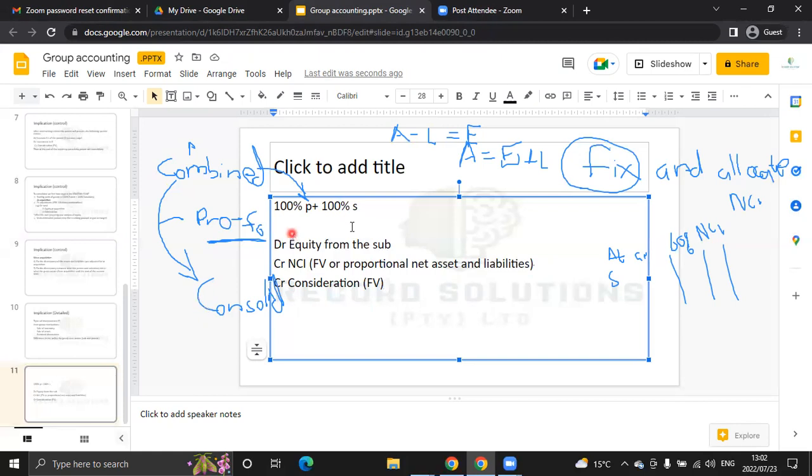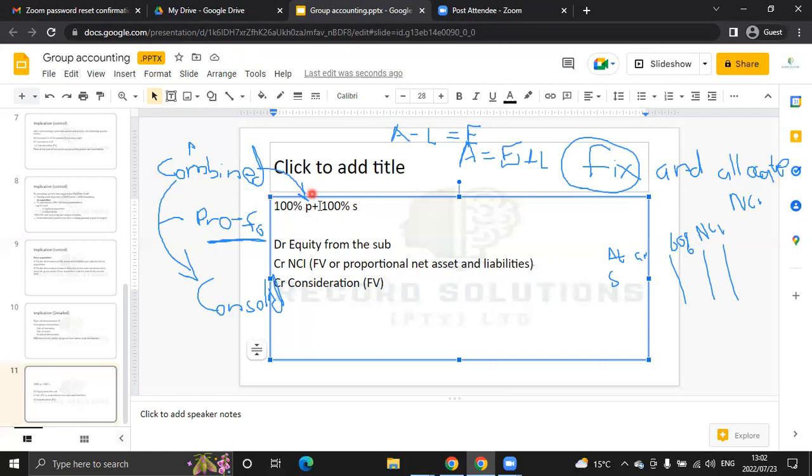Where is it? It's in the parent's books, right? Like I said, this main elimination journal is like you cannot invest in yourself. So this equity that you invested, you take it out at acquisition, and then you transfer some of it to the non-controlling interest, right? And with this consideration, where is it?